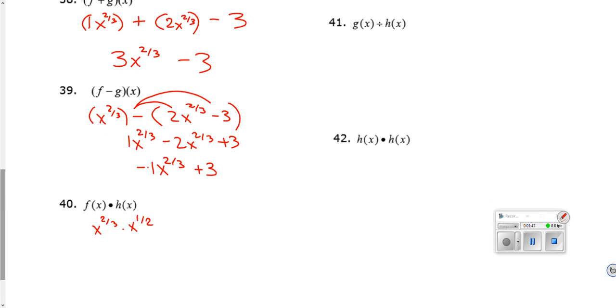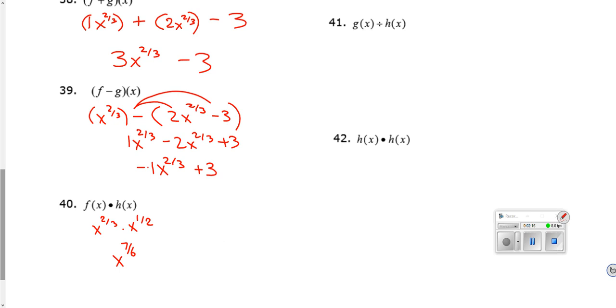So what ends up happening here is these are the exponent rules that we learned in the previous chapter. When you multiply things that have the same bases, all you have to do is add the two exponents. So it gives me a single x, and in the calculator, if you go 2/3 plus 1/2, that one actually gives you 7/6. So that would be our answer.